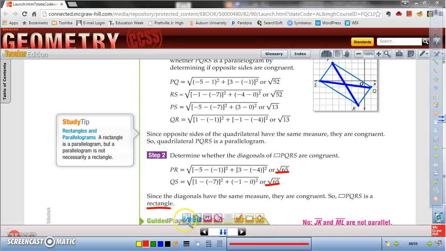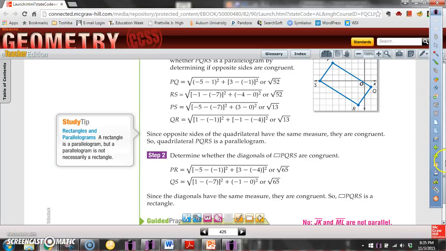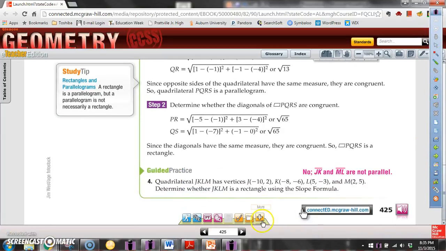And so I had to first determine that it is a parallelogram, and then determine that it's a rectangle. That's using the distance formula. We can also use the slope formula to determine whether or not a quadrilateral is a rectangle.